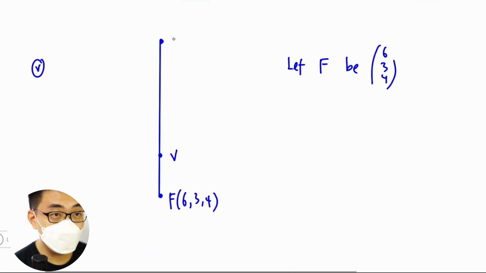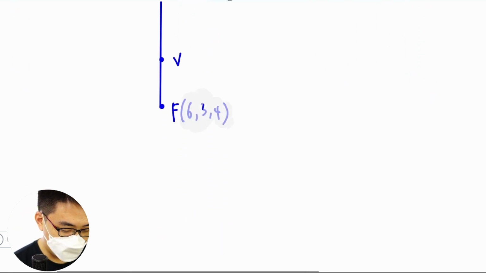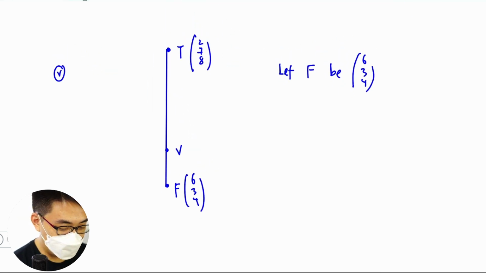And then T here, which we got the coordinates of T. Coordinates of T was 278. I use a column vector. Okay, so now this is what's going on. This is total height.